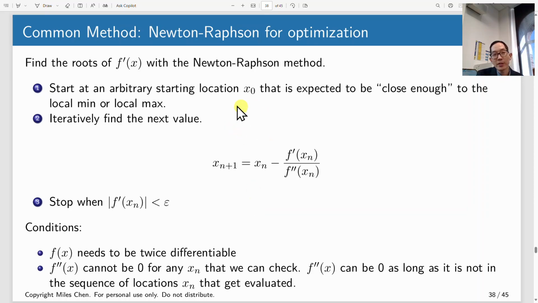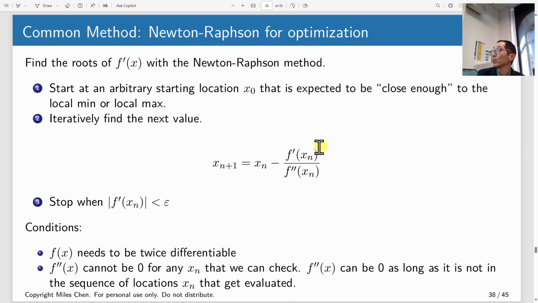So if we want to do the Newton-Raphson method for optimization, basically we just take the Newton-Raphson algorithm and say, let's find the roots, but not of f of x, but the roots of f prime of x, okay? So Newton-Raphson for f prime of x is going to end up looking like this. If you're currently at x at time n, then your next iteration, x at time n plus 1, is your current value x at time n, subtract off the derivative f prime divided by f double prime, okay?